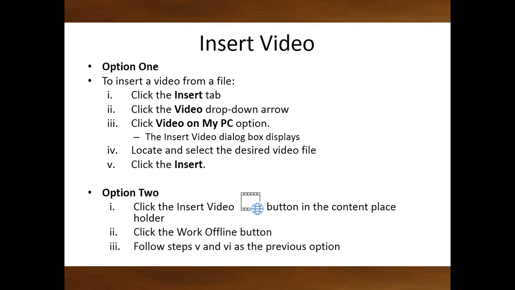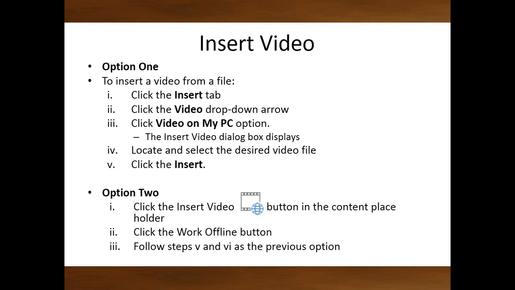Click Video on my PC option. And once you select that, the Insert Video dialog box will display. 4. Locate and click the desired video file. Then 5. Click the Insert button.